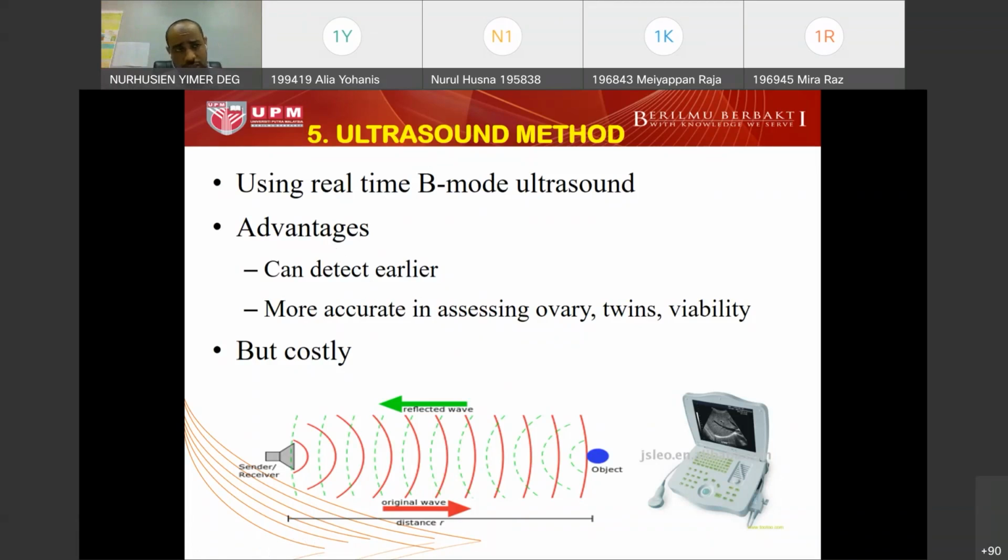So around 21 to 23 days, you already have the heart being formed and pumping. So you can see the heart beating during that time. And by then, you are able to know the viability of the fetus, not only the presence of the embryo. So this is an additional advantage that you can obtain by using ultrasound as a diagnostic tool for pregnancy. I hope it's still okay, huh?